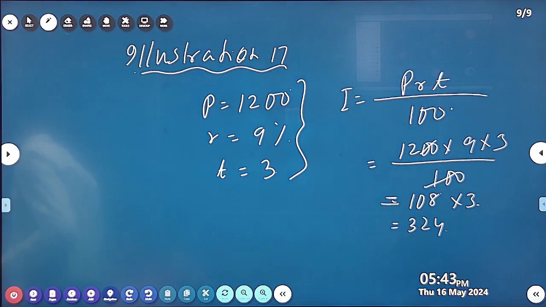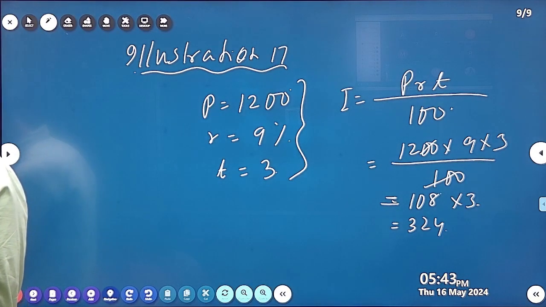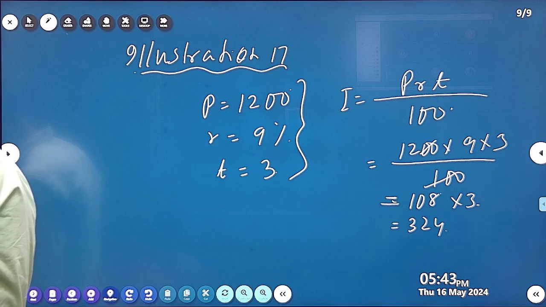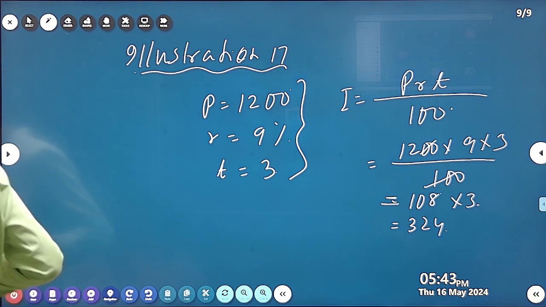Solve illustration 18. Okay, Sumit borrowed 7,500 at 14.5% per annum simple interest for 2.5 years. Find the amount he had to pay after that period. Find the interest and add it to the principal.